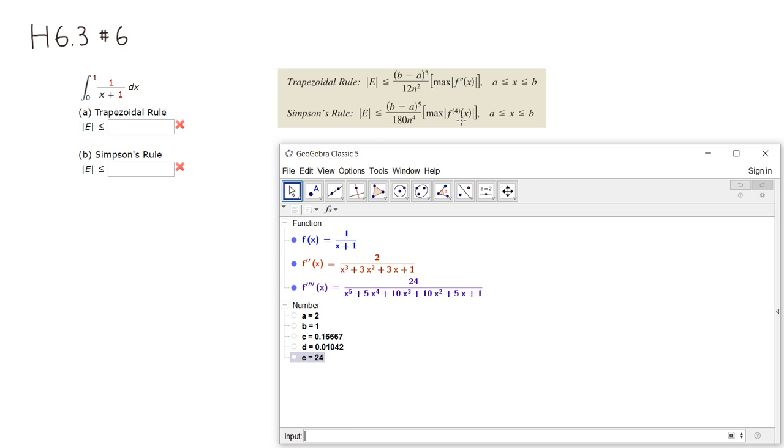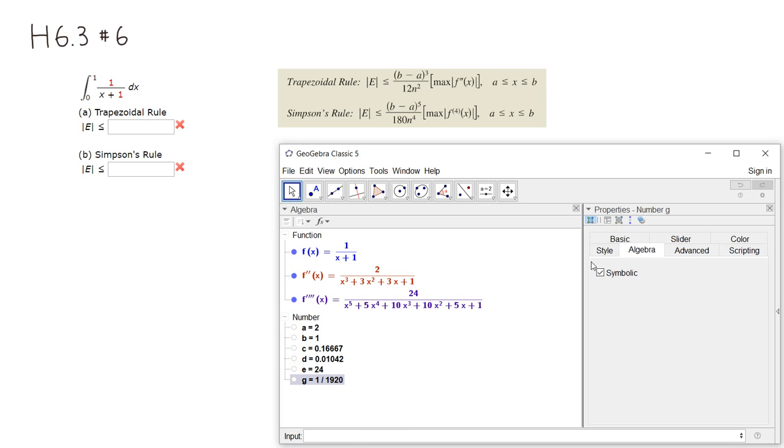So b minus a is 1. The maximum of the fourth derivative is 24 in this case, divided by 180 times 4 to the fourth power. Hit enter. Right click, object properties, algebra, and uncheck symbolic.